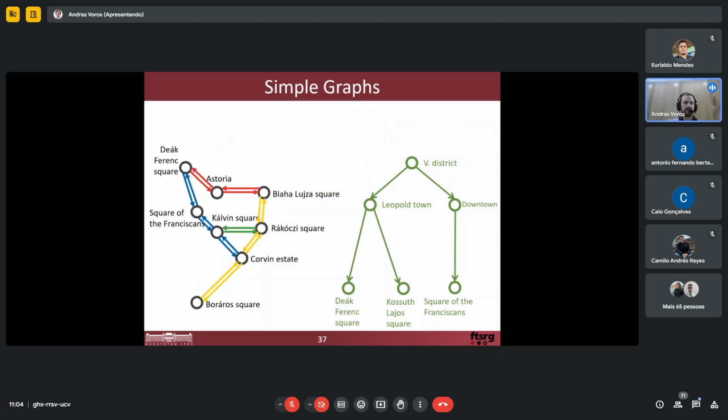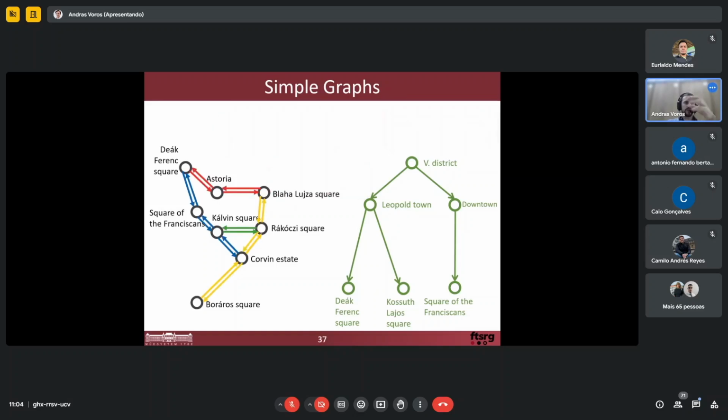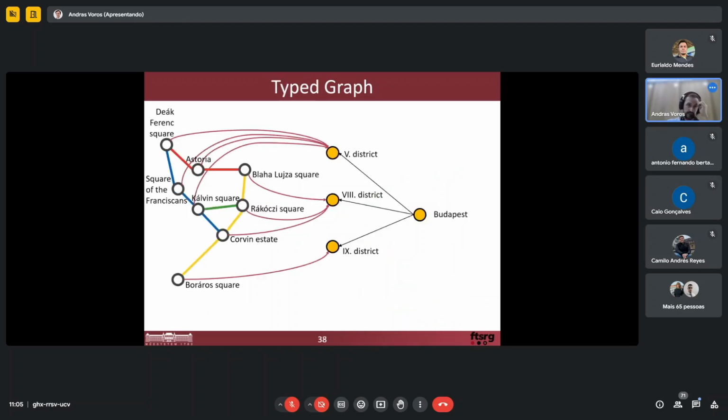Actually, it's not so difficult because I just substitute each undirected edge with edges in both directions, and this can add more information to my model, and that's an important trick when I'm developing structural models. You don't necessarily have to use it, but in many tools you must have directions.